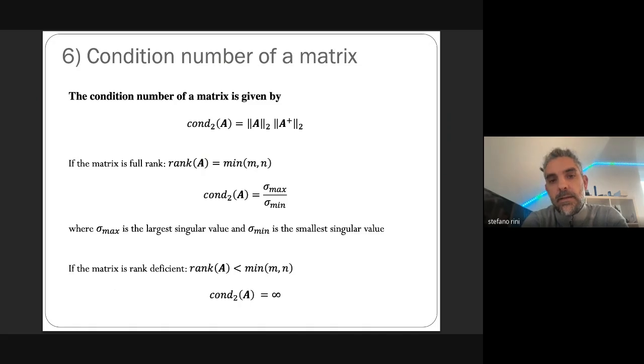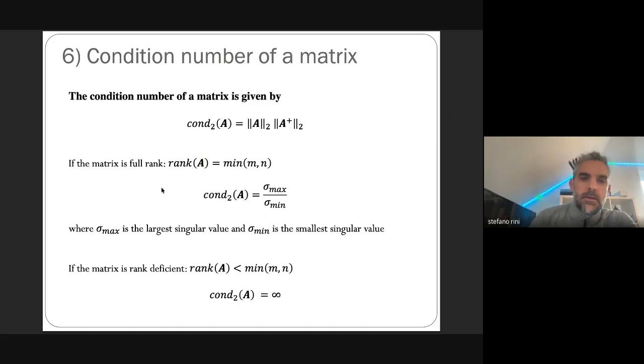And now we define the condition number of a matrix. Some of you already had it in your presentation. I don't know if you just used ChatGPT to obtain the number and didn't quite know what the number was. But basically, the condition number of matrix A is equal to the norm of A times the norm of the pseudo inverse.